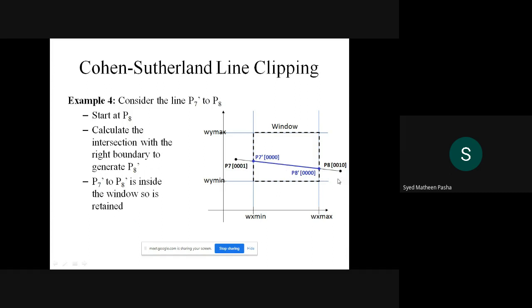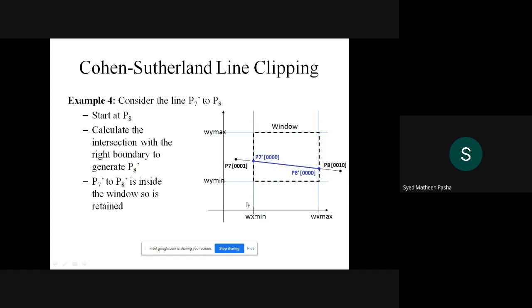I am retaining it as it is, because the points you have got basically lie inside the window. So you are not clipping that line. You are just clipping the lines as well as points which are outside the window. You need to remember this.